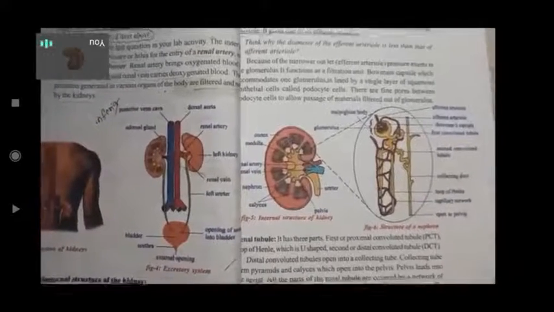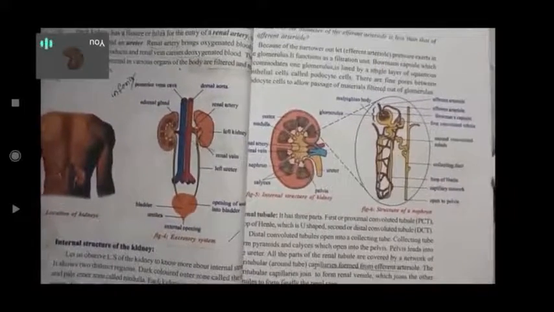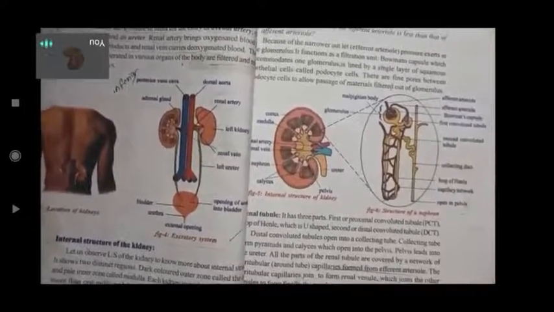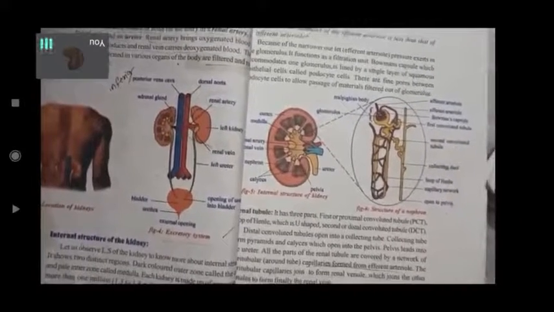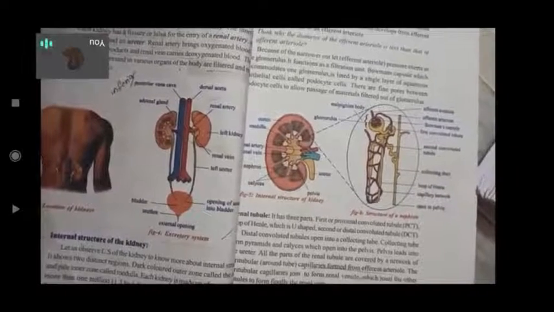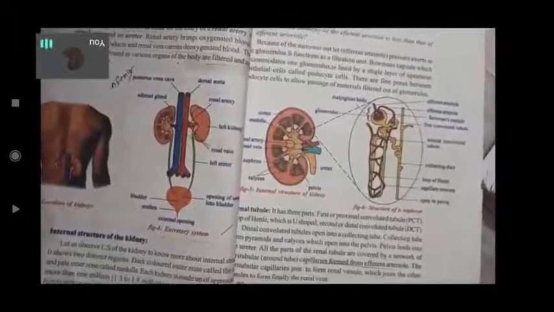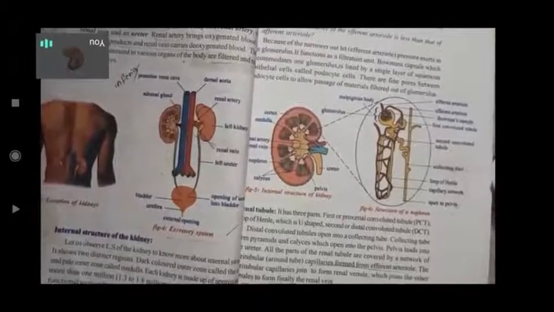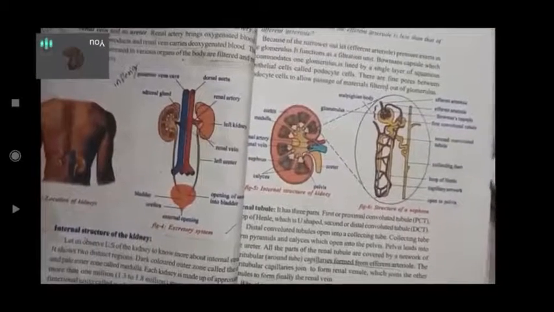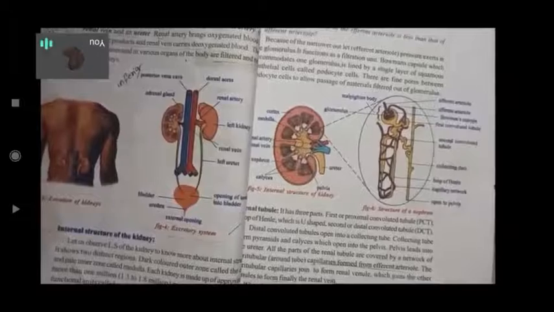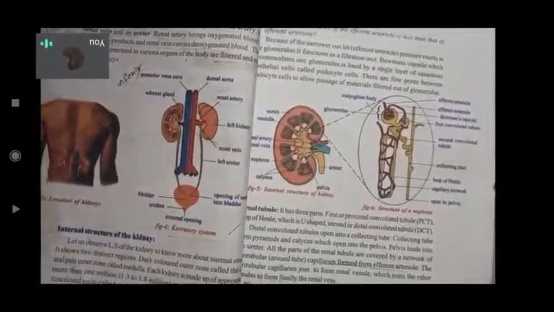So we have two branches, and the renal veins enter the two kidneys, and for each kidney they are branched again into two parts. The posterior vein drains the back section, and the anterior vein drains the front part.